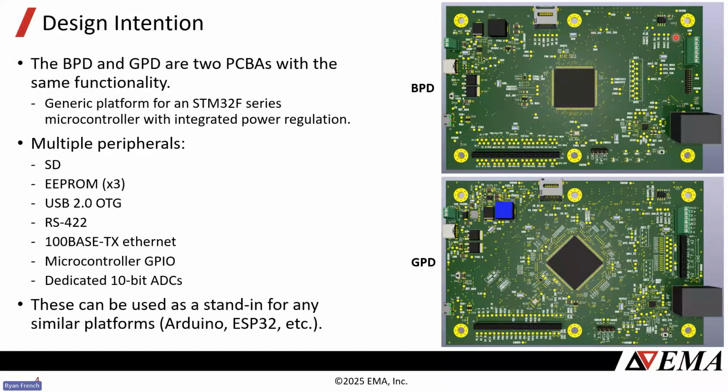We have access to RS-422, very common in aerospace. We have some dedicated ADCs on this header here, an Ethernet jack, some extra GPIO from the microcontroller, and a couple of USBs that we can use. So it's kind of a stand-in for any similar platforms that you're probably familiar with, like Arduinos or ESP32s.